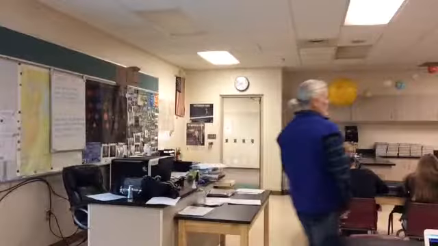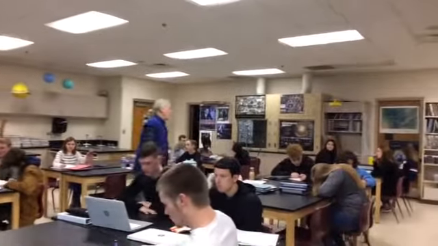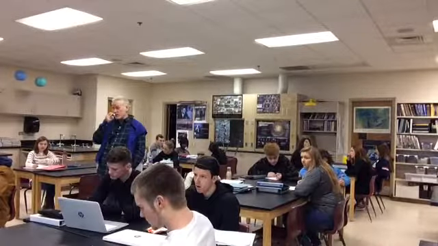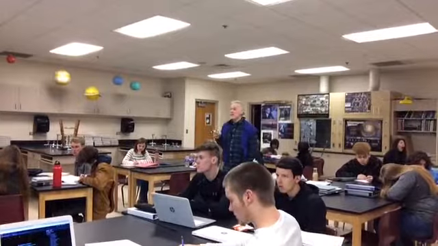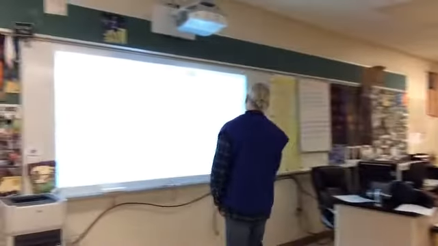All compounds have got to be electrically what? Neutral. In other words, you've got to have the same number of positive charges as you have negative charges. An easy way to do this is that old idea of crossing.